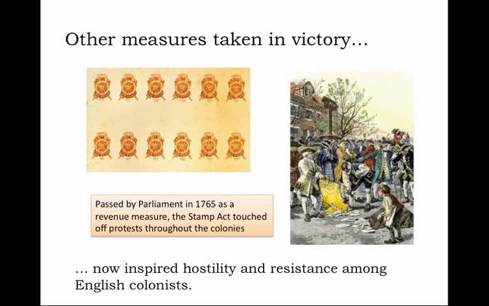And across the colonies, outrage, protests. We're talking now popular protests in the streets, the burning of stamped paper, for example, by the colonists to show their displeasure of what they considered to be an invalid revenue measure. Invalid because it was passed by Parliament 3,000 miles across the Atlantic Ocean.